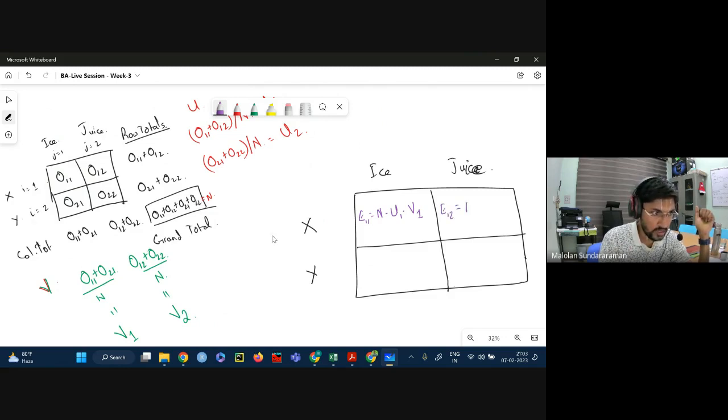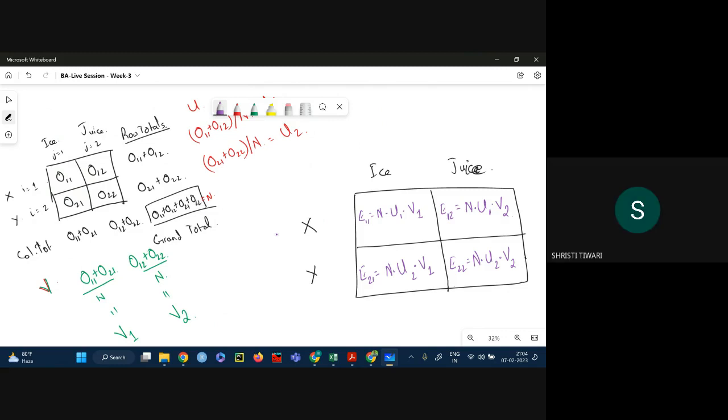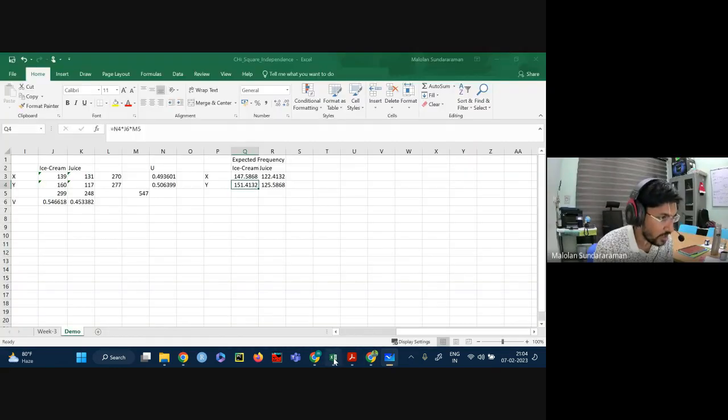E12 is N, whatever is your first suffix, that will be U, and whatever is your second suffix, that will be V, V2. And E21 is N into U2 into V1, and E22 is N into U2 into V2. Okay? So this is going to be your contingency table of expected frequency.